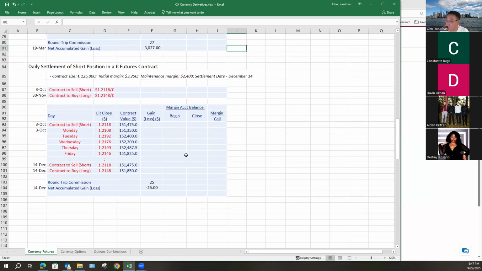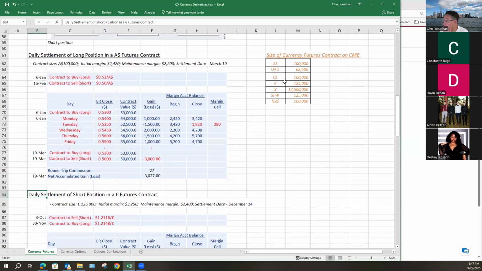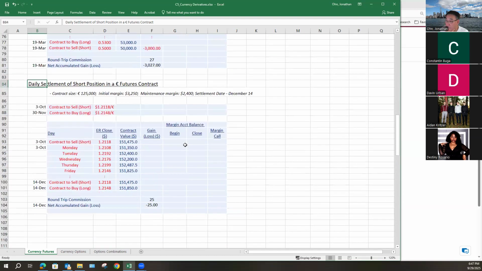Let's talk about the short position. It is also handled in the same way. We can take care of this one here. So euros, daily settlement of a short position in a euro futures contract. The euro, as I said, 125,000 euros, that's the contract size.